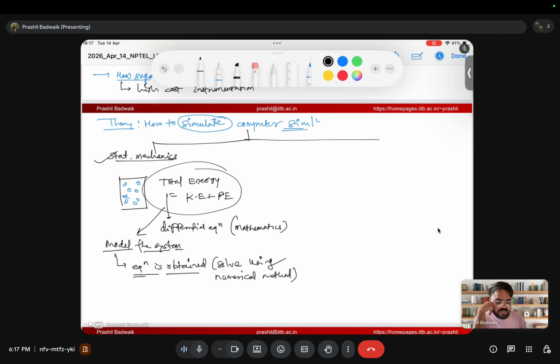Then that equation we need to solve. What else do you need to put in?